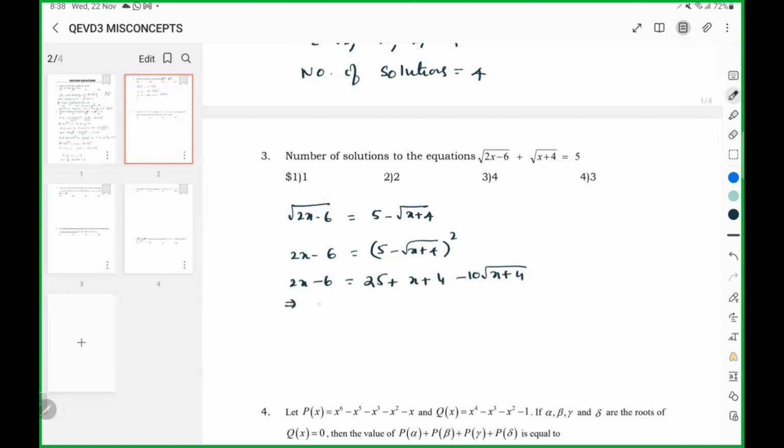So after simplification, x minus 35 is minus 10 root x plus 4.